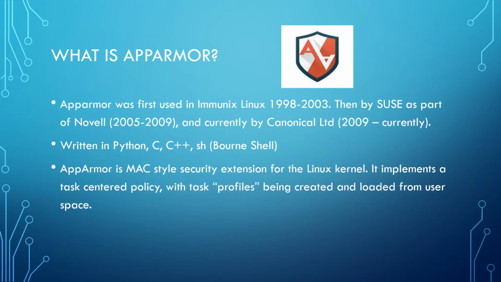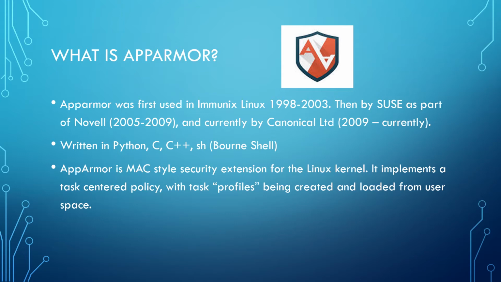What is AppArmor? AppArmor was first used in Immunix Linux from 1998 through 2003, then by SUSE, and it was part of Novell from 2005 to 2009, and is currently used by Canonical Ltd. from 2009 to the present.